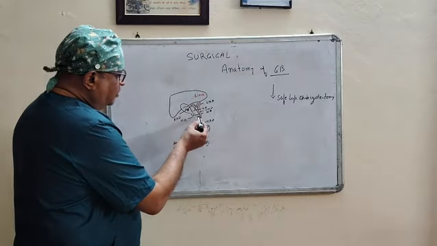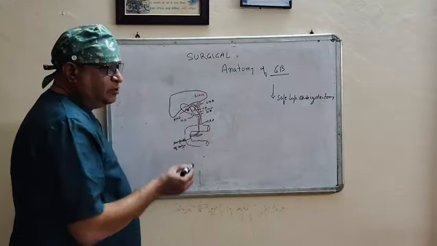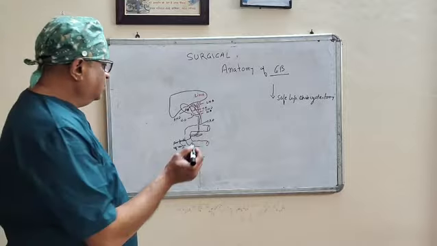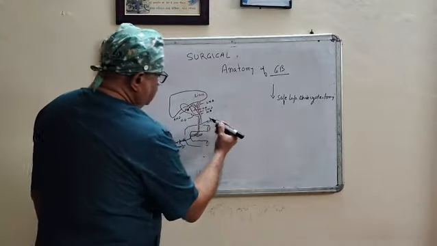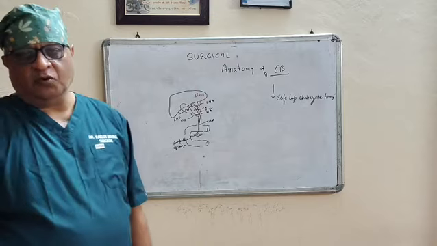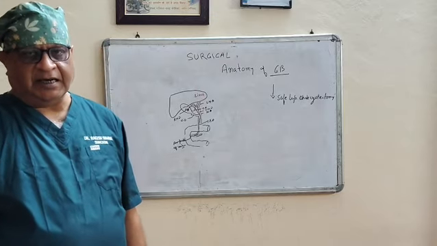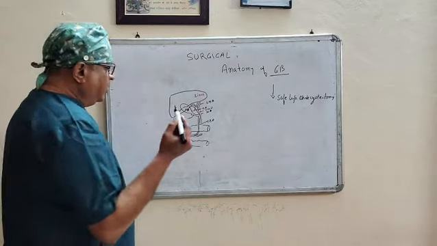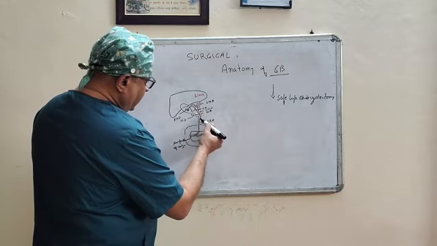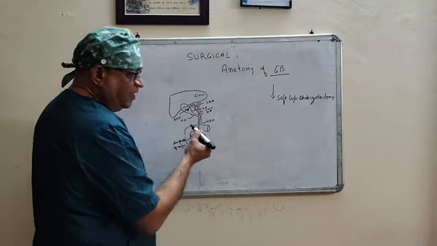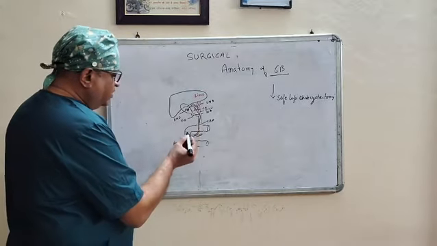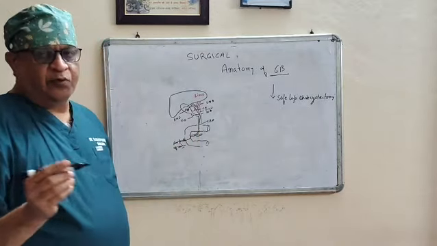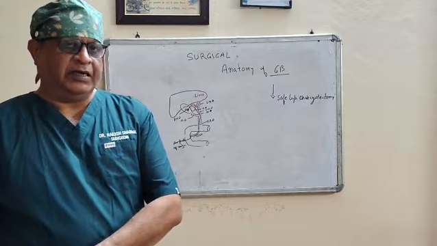After insertion of the cystic duct into the common hepatic duct, this is called the common bile duct. This is the main structure, the most common structure injured during lap cholecystectomy. The common bile duct joins with the main pancreatic duct and enters the ampulla of Vater, surrounded by the sphincter of Oddi.